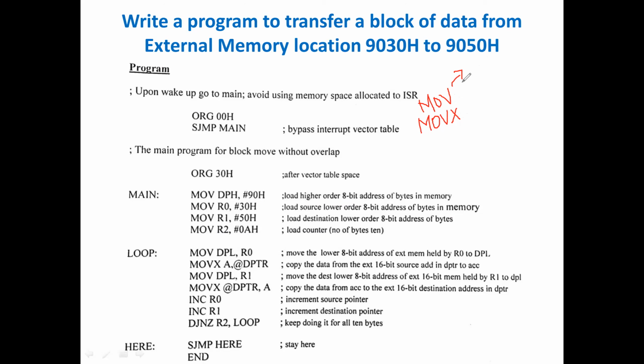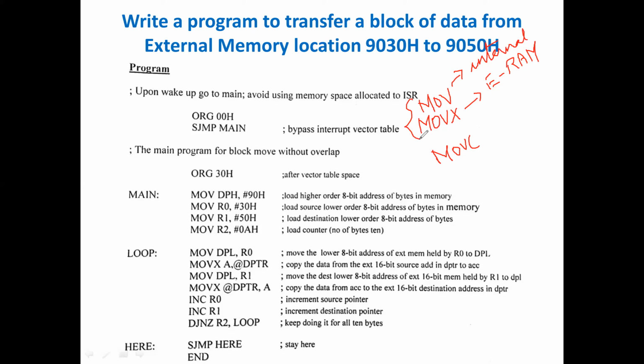This is for internal data transfer, whereas MOVX is for external data transfer between RAM. One more move is MOVC, for external program memory, which is not used mostly. MOVX we use very often in many programs.